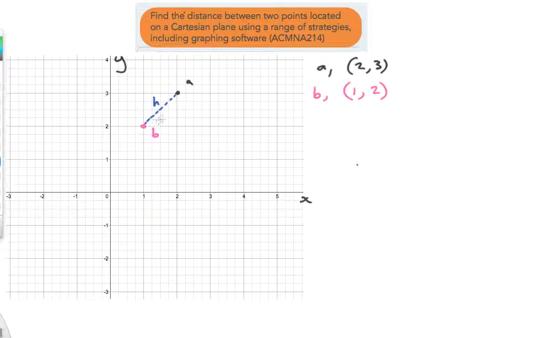Well, one thing that's easy is to work out how far it is from B to here, right? So we could call this C. So we can say B to C is equivalent to 1 step.